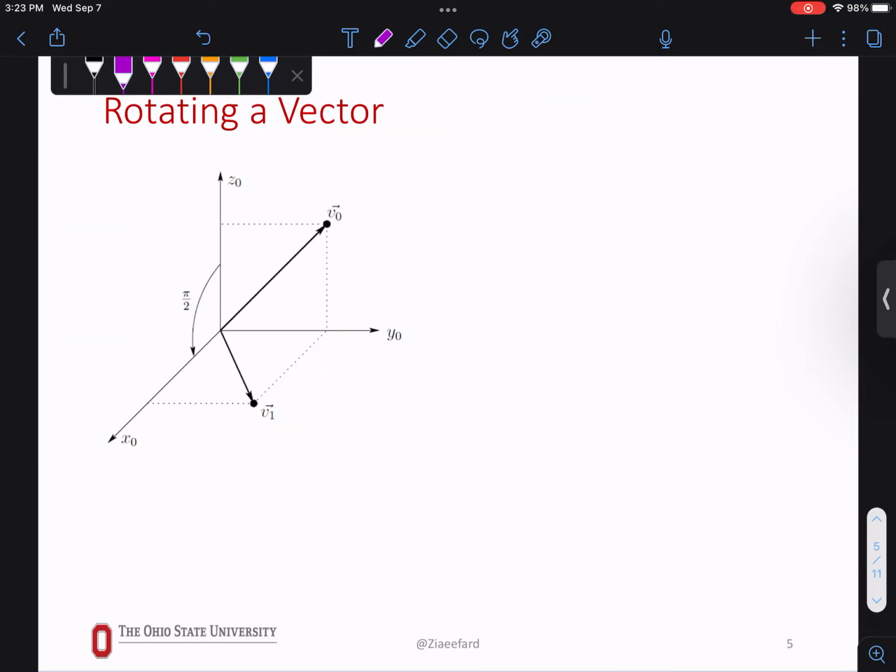We have the velocity of this vector in this direction, and then we're rotating it by some angle. And we are seeing that frame. Can we use our rotation matrices to find the new direction of this vector? Yes, we can.